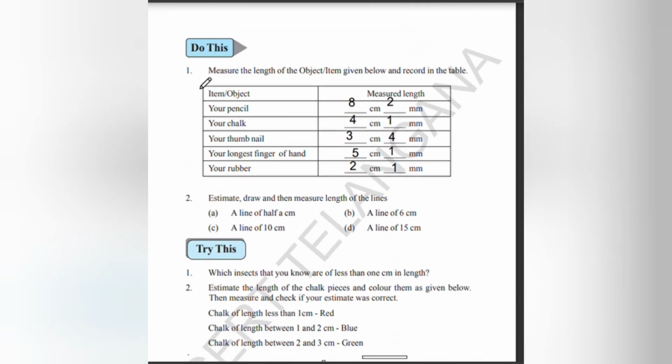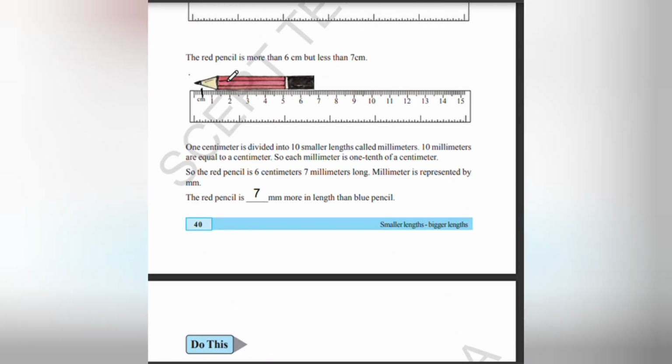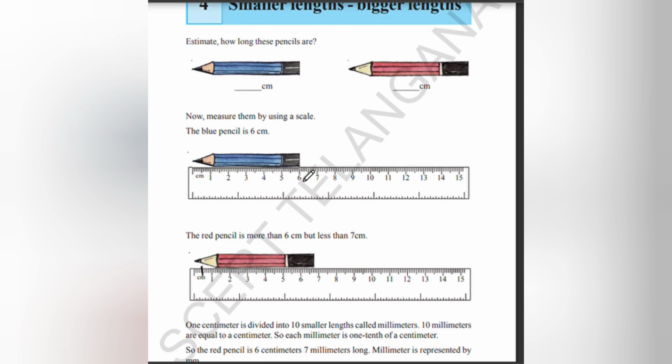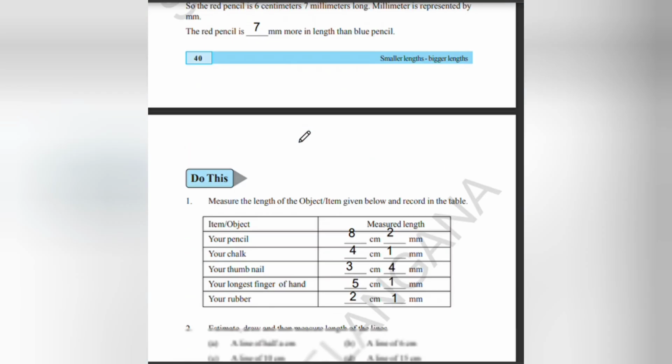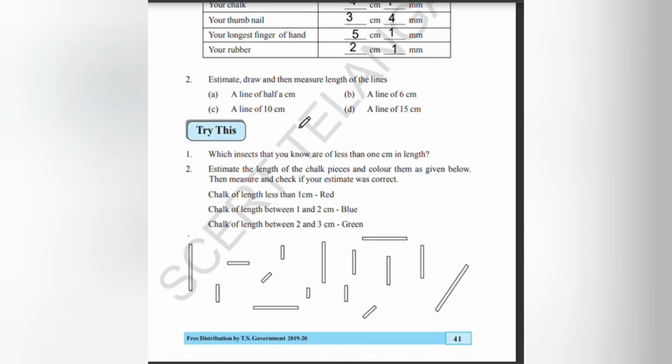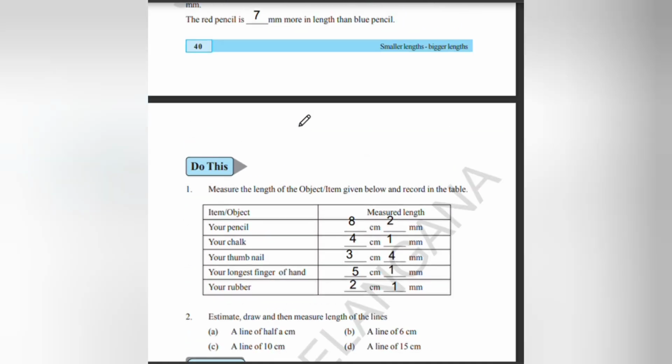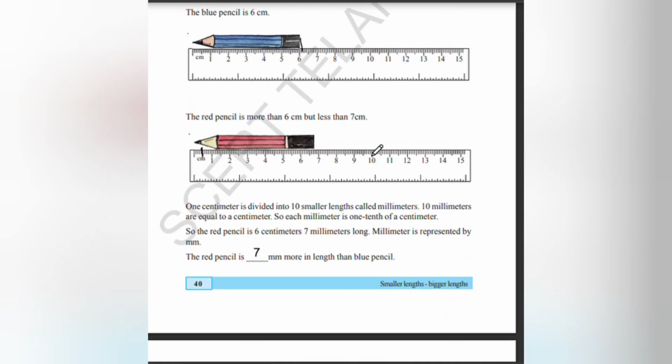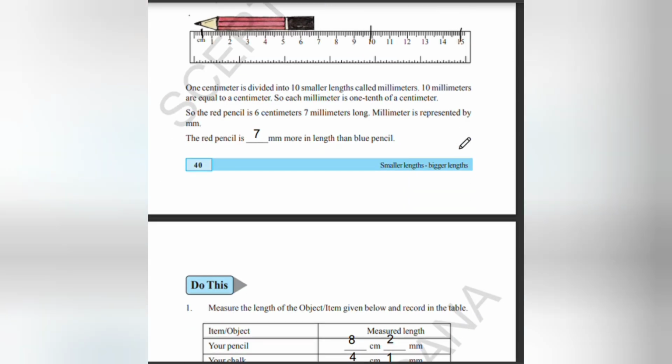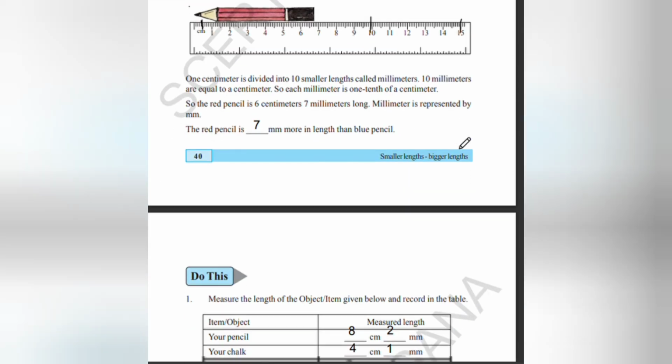The next one is 6 centimeters. We already said this is 6 centimeters. Then the next ones are 10 and 15. Okay, this one is 10 centimeters and this one is 15 centimeters. Like this we have to draw and measure the centimeters given.